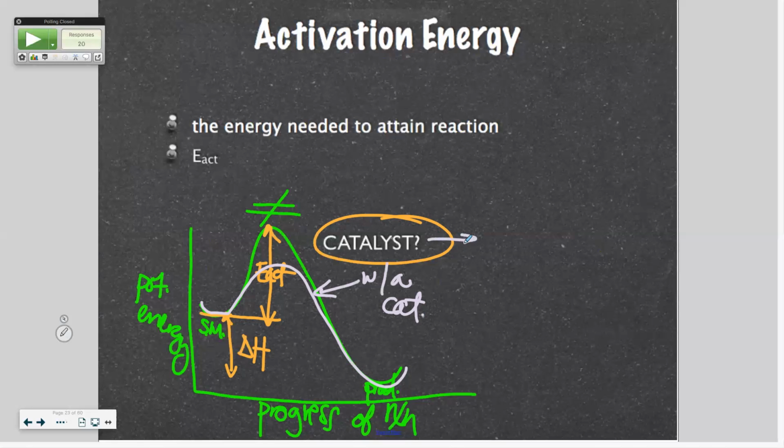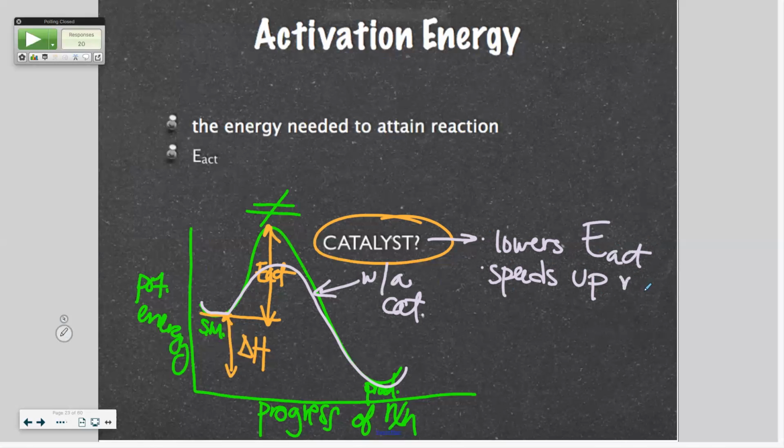Okay, so it lowers your energy of activation, speeds up the reaction, and there are reactions that are so slow, if they don't have a catalyst, you'll never get a product. You'd be waiting for a long time.